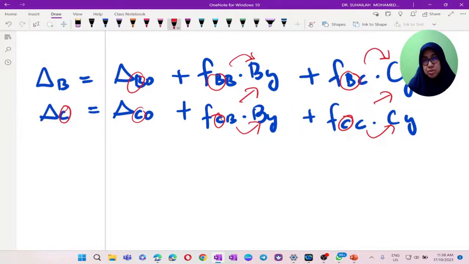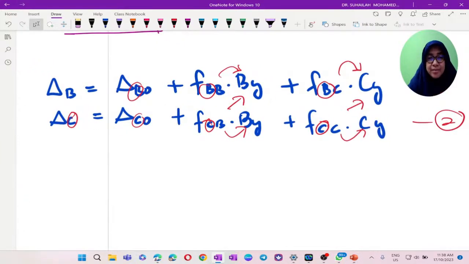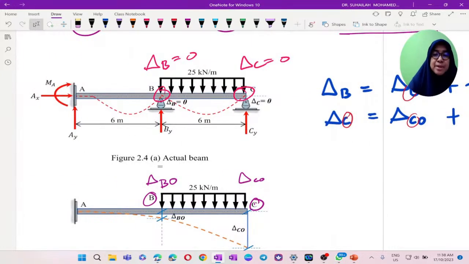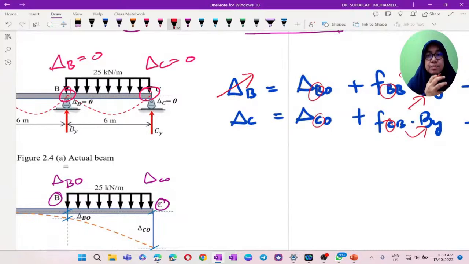Looking at these diagrams, one for redundant 1 and one for redundant 2, they produce the two equations. In the actual beam, because of the support, the original diagram has delta equal to 0. So delta B in the actual beam is 0 because of the roller support. Delta C is also equal to 0 because of the roller support.